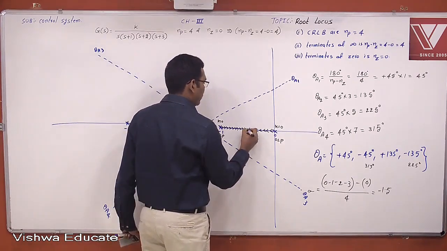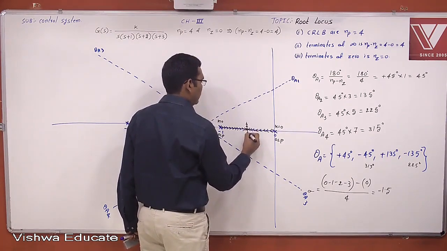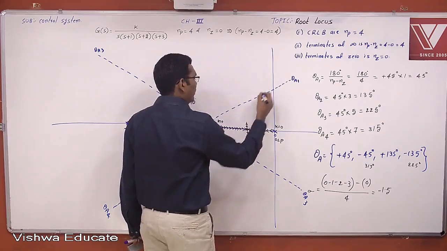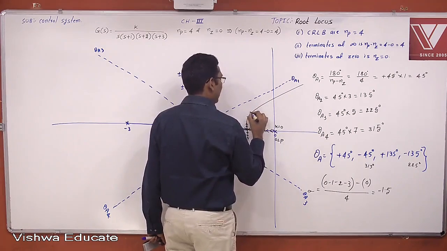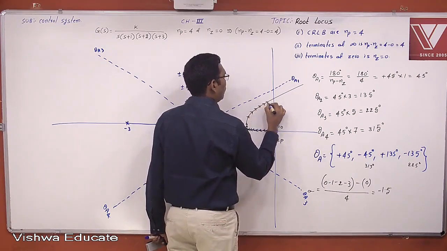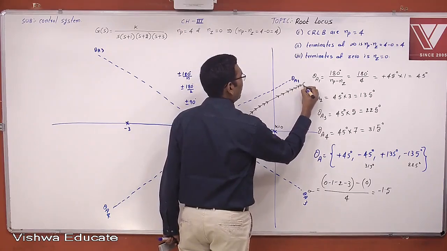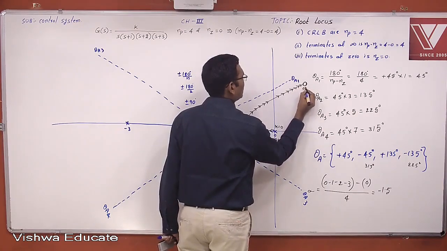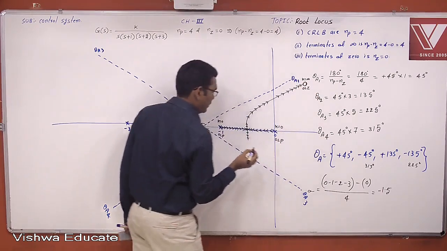One is plus 90 degrees, another is minus 90 degrees, and it will follow the angle of asymptote. If you go in this direction, definitely you will meet the open loop zero at 1, 0. The root locus branch terminates at an open loop zero with k equal to infinity.